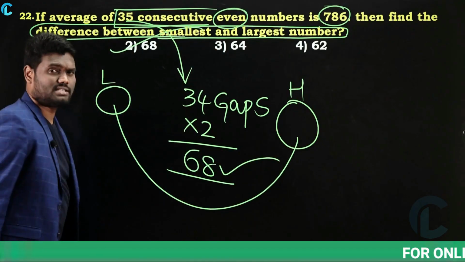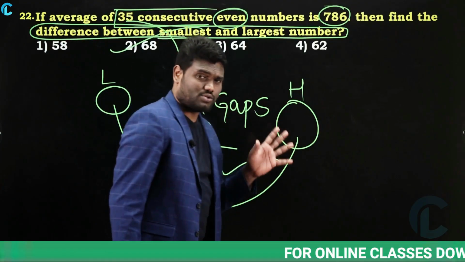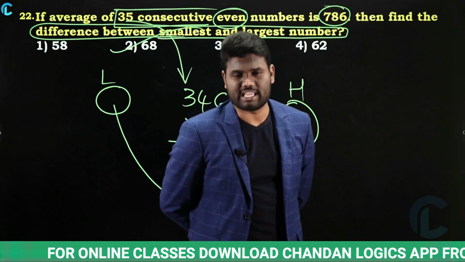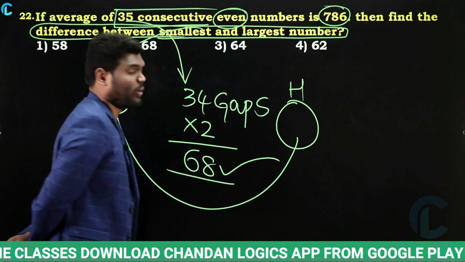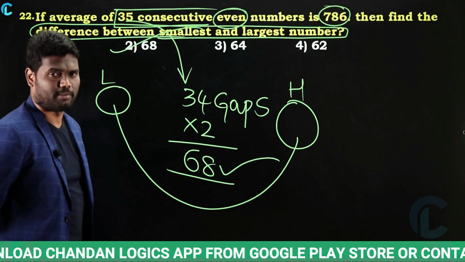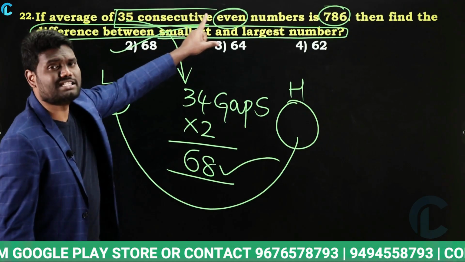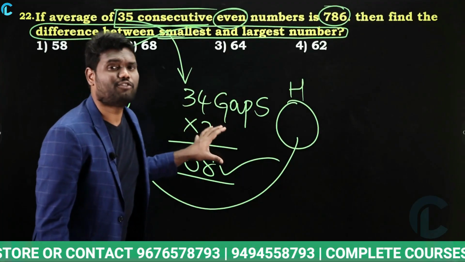So I can simply mark the answer as 68. Why? Because in this question, they are not asking for the highest number or lowest number, just the difference between them. So 35 consecutive even numbers will have 34 gaps.